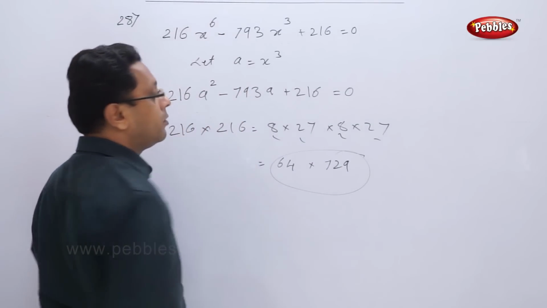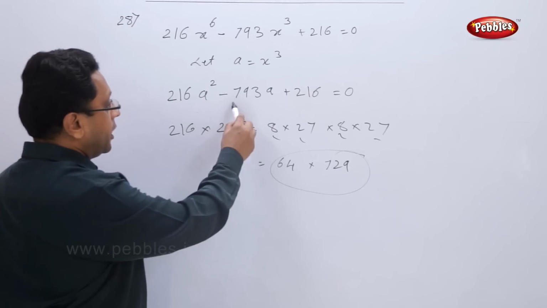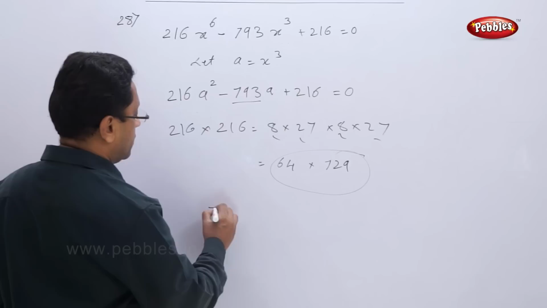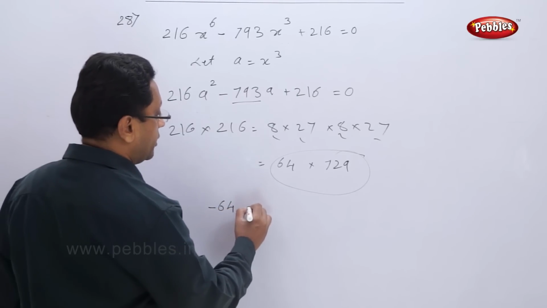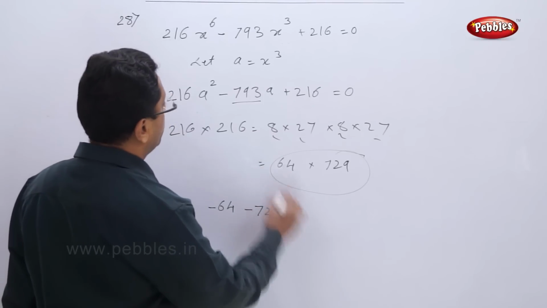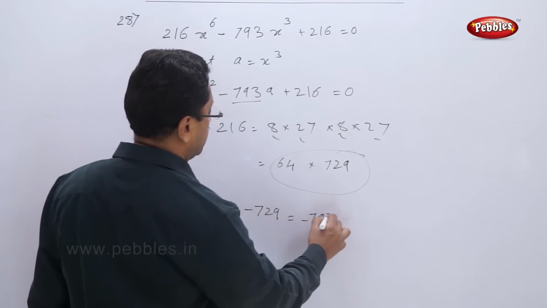Now we have got two factors and we want 793 here. So the factors are minus 64 and minus 729, which gives minus 793.